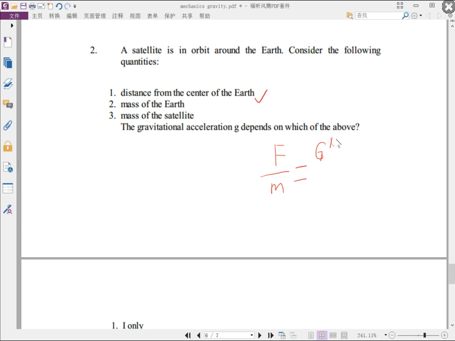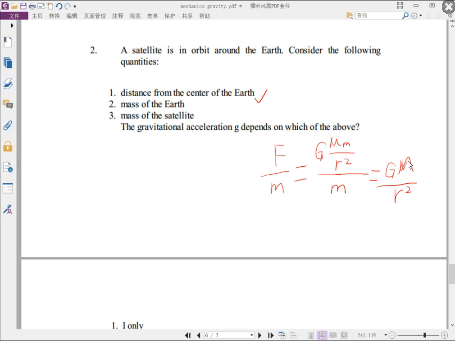G M m over r squared over m, which is equal to G M over r squared.